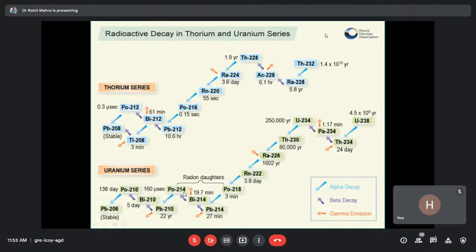The reason is, by studying the daughters, because we know that this much of a decay has occurred, and this is the lambda for this radioactive element, we can always calculate the concentration of a parent from the estimation of daughters. So we could calculate the contribution of the radon. That is why the study of radon, as it is in a gaseous state, and its progeny, polonium-214 and 218, is very important.